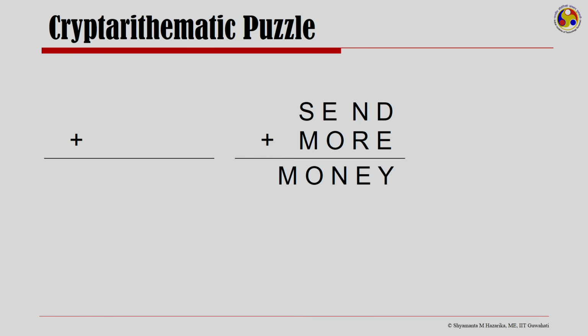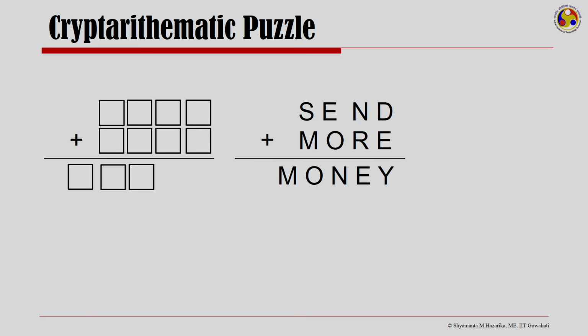As I had told you earlier, I could think of placeholders for S, E, N, and D, and placeholders for M, O, R, and E, on which I will put my guess of digits between 0 and 9, and then placeholders for M, O, N, E, and Y. And then, as discussed earlier, we have carryovers 1, 2, 3, and 4, which we call C1, C2, C3, and C4.